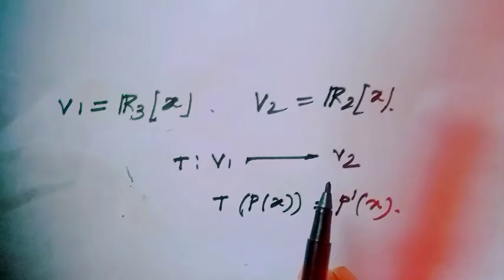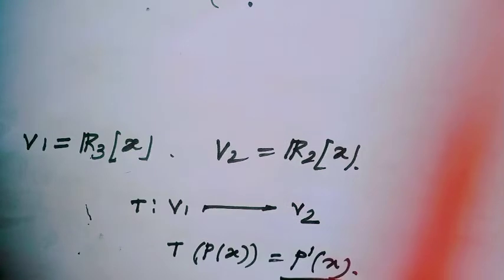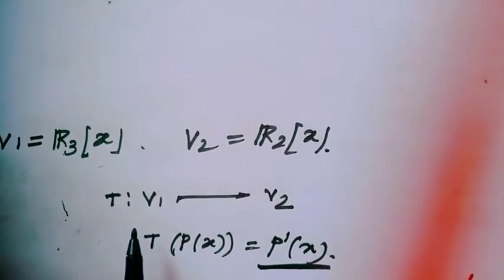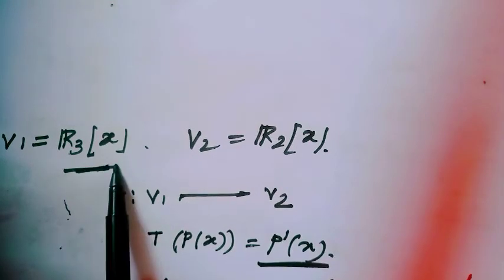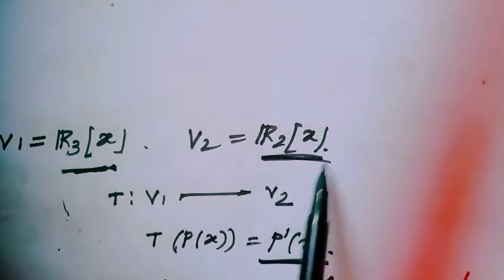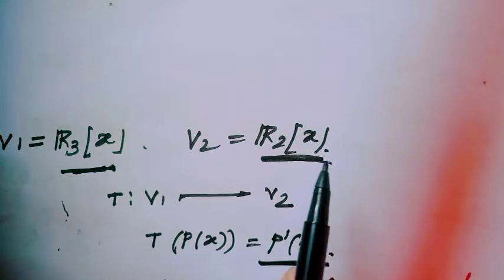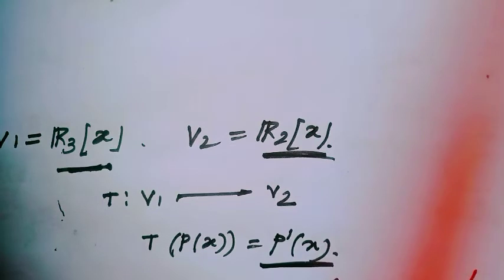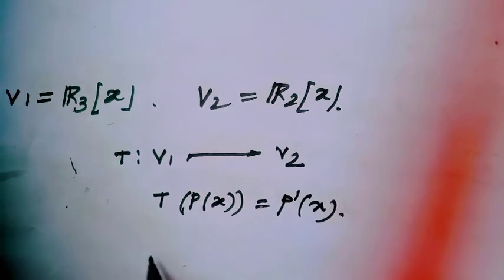As an example, consider a mapping T from V1 to V2, where V1 is the set of polynomials of degree less than or equal to 3 whose coefficients are real numbers, and V2 is the set of polynomials of degree less than or equal to 2 whose coefficients are real numbers. Okay, and the mapping looks like T of p(x) equal to p prime(x). Now let's verify whether this mapping is a linear map.